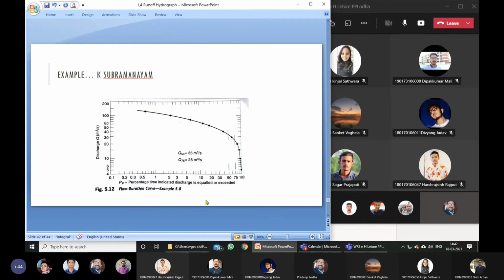So generally what is done is that the stormwater systems which we design are designed based on an exceedance value of a PP of 95% or 98%. But there are 2% chances, or 5% chances, that your area would get flooded, even if you have designed your drainage system, stormwater or sewerage system properly.